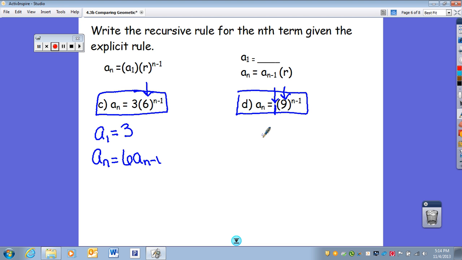So I want to write my recursive rule. I have a sub 1 is equal to 1, and then I have a sub n is equal to my rate, which is 9, times a sub n minus 1.